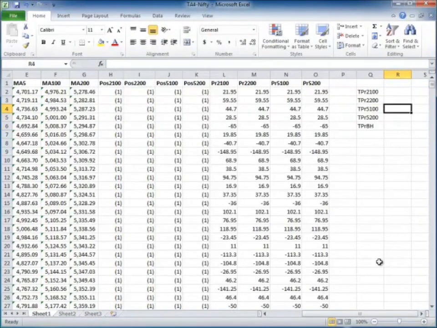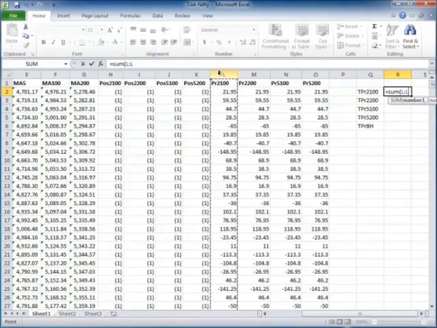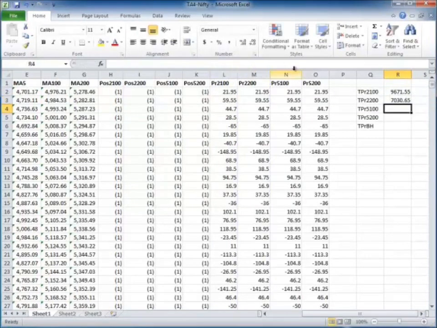Okay, so this is equal to the sum of column L. That's equal to the sum of column M, and so on.